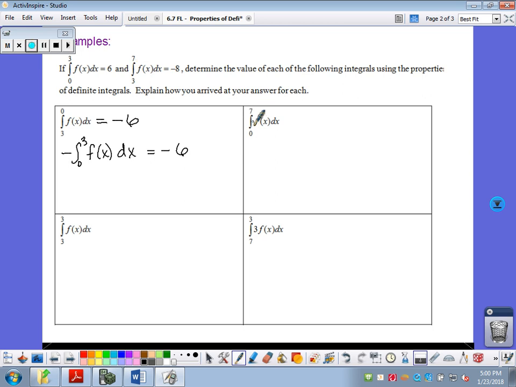So this integral from 0 to 7 is the same as 0 to 3 f of x dx plus 3 to 7 f of x dx. And so this is equal to 6 plus negative 8, which is equal to negative 2.